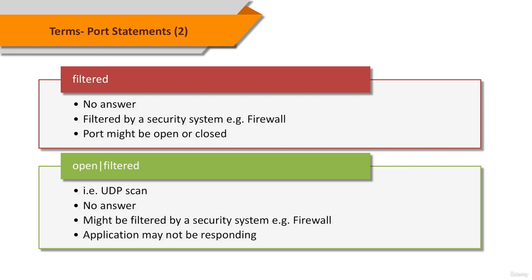Lack of a response might mean that the port might also be open. In these situations, Nmap signifies that the port is either filtered or open. For example, in a UDP connection, in most cases, the destination system does not send a response when it receives a UDP packet. So if the destination system does not respond, Nmap categorizes it as open filtered.